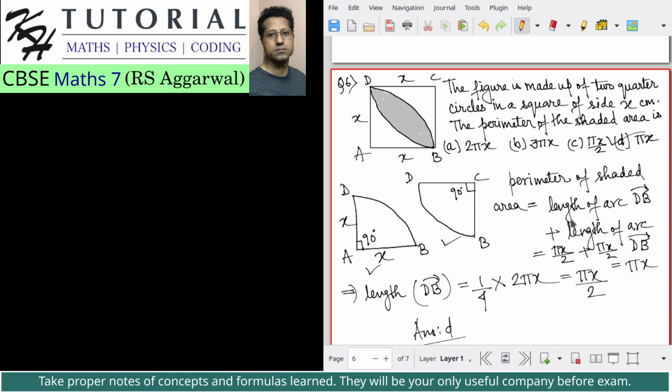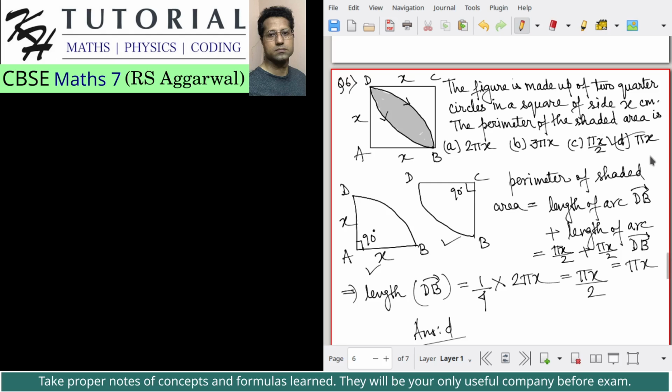So this arc and this arc are of the same length, and the length is nothing but 1/4 of the circumference of a circle having a radius equal to x, where x is the length of the side of the square.